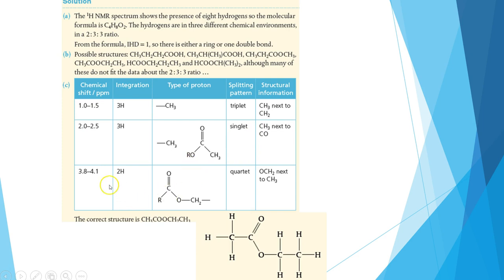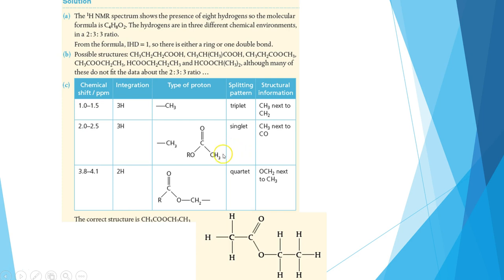Then we can see down here at 3.8, 4.1, we can see the CH2 of an ester, okay, with a 2H integration, split into a quartet. So this is that CH2 that was attached to the CH3. And then at 2 to 2.5, we have this upshifted CH3, okay, so sitting much higher than a normal CH3, as a singlet, so we know that it's on its own.